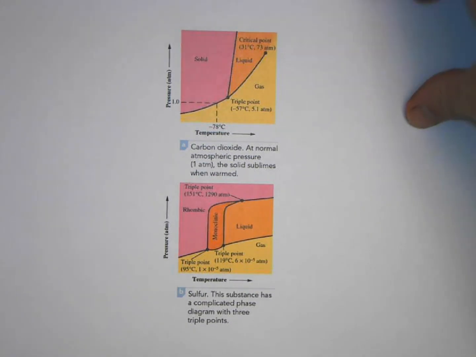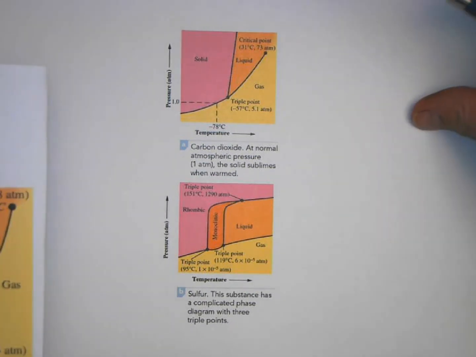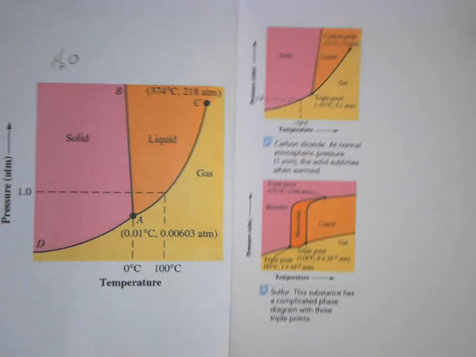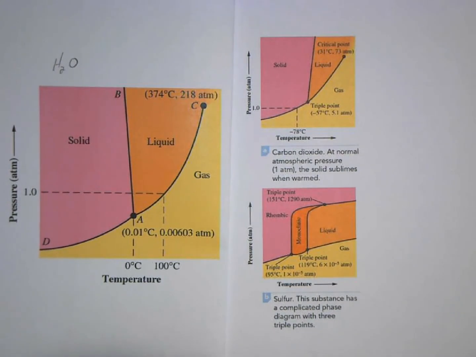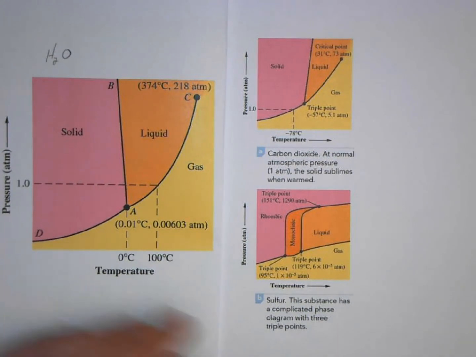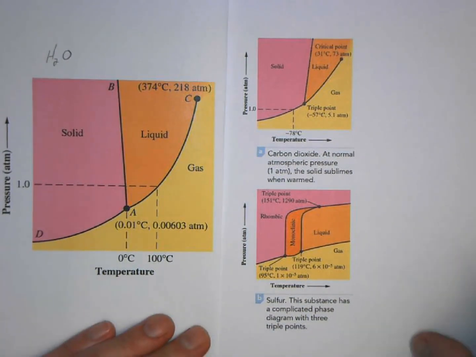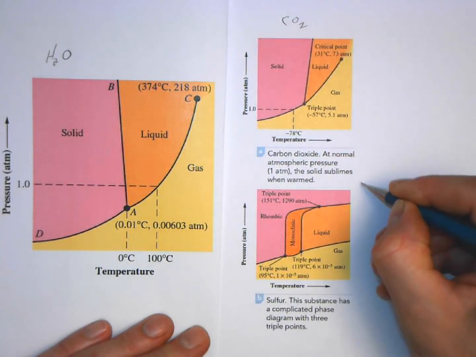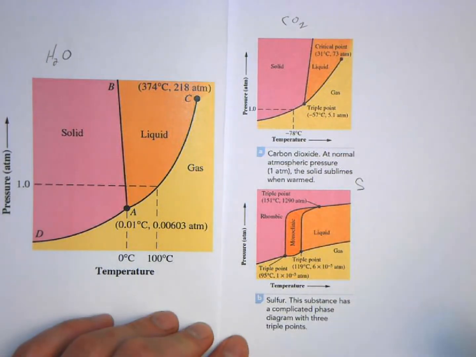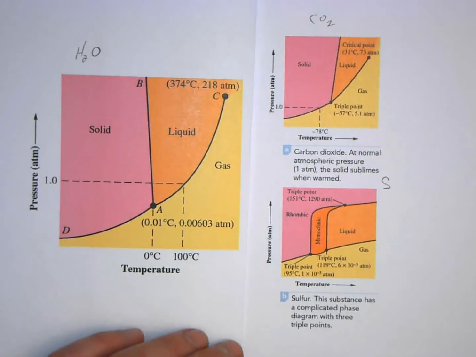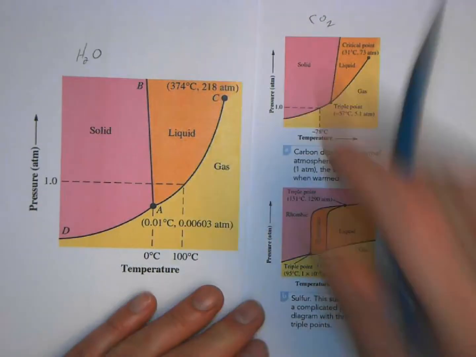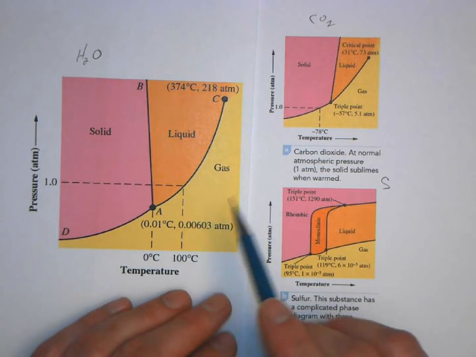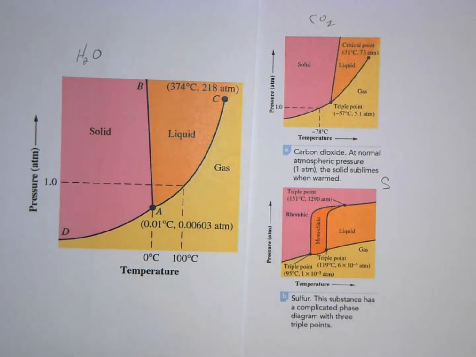Here's what I'm going to do. I'm going to move these aside and put this one next to it so that we have three different phase diagrams to compare. Water, this is CO2, and this is for sulfur. The real point I want to make is that different substances will have different shapes to their phase diagram.